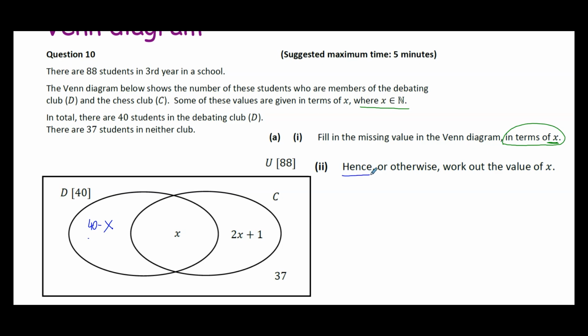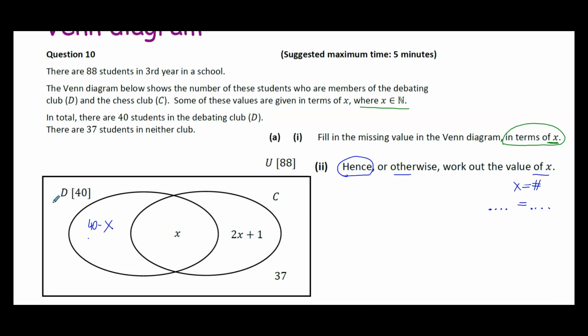Now, with the knowledge that we just acquired, we have all the values in every place in the diagram. Next, work out the value of x. So we want to say x equals a number. In order to do that, I need to create an equation that has two sides, items on one side, items on the other side, and somewhere here I have my x.